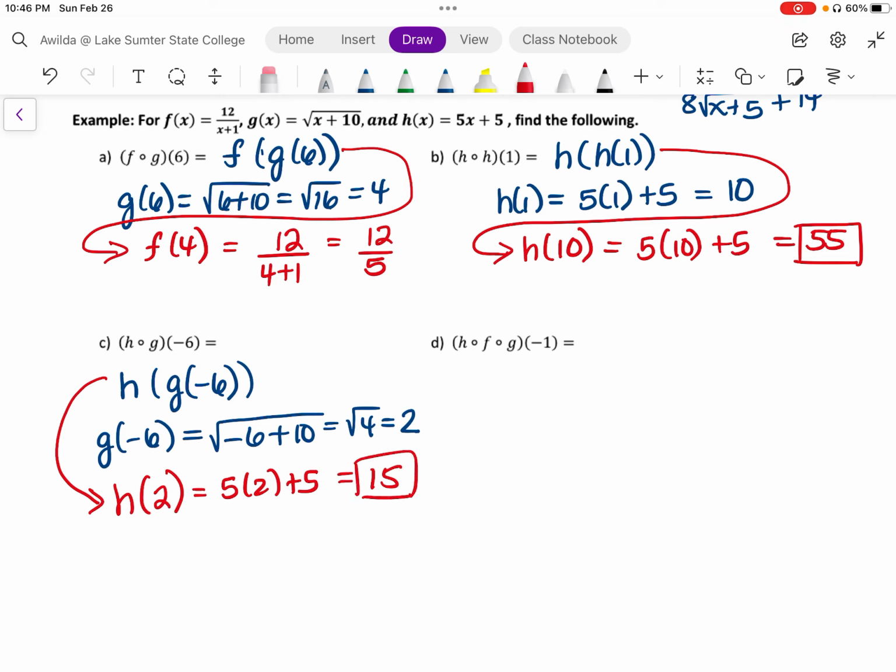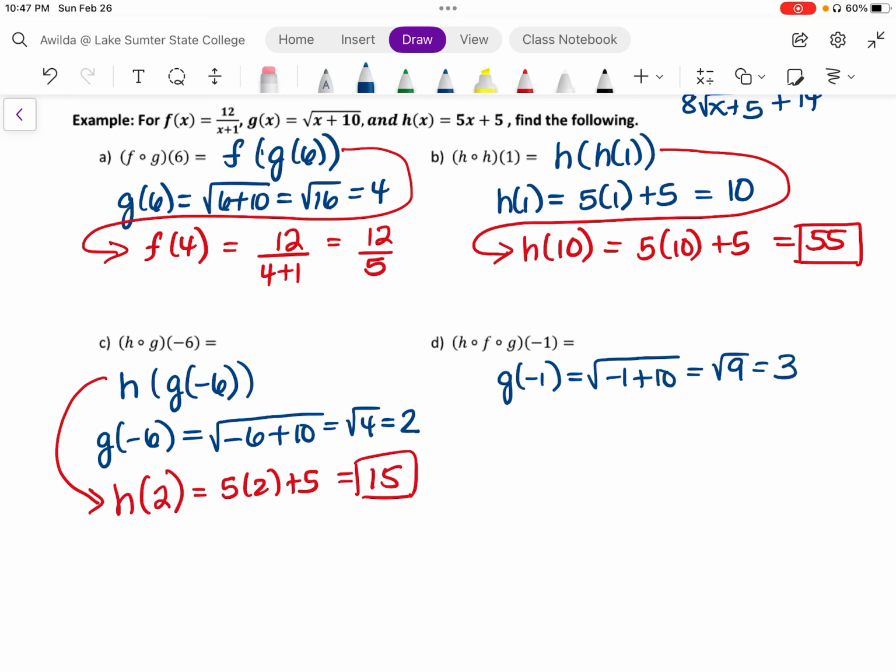All right. One more to go. We have h of f of g of negative 1. So we have 3 functions composed, and in this case we have negative 1 as our original input. So the first thing we need to do is find g of negative 1. In that case, we have square root of negative 1 plus 10, which is the square root of 9, which is 3.